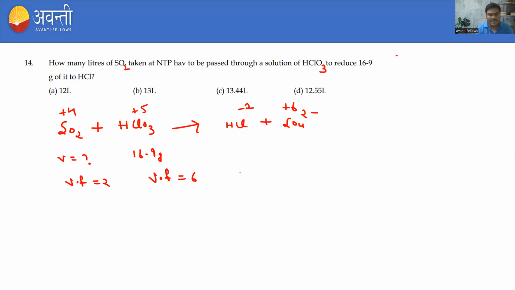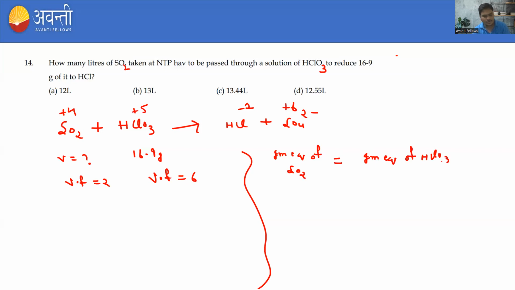So we know the valency factors are 2 and 6. So from the principle of chemical equivalence, what we know? We know that the gram equivalent of SO2 is equal to gram equivalent of HClO3.